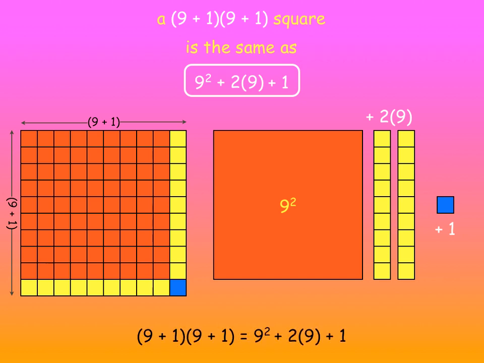So to make an equation down below, we could say when we multiply the binomials, 9 plus 1 times 9 plus 1, it's the same as, or equal to, 9 squared plus 2 times 9 plus 1. We can see from the picture that's true.